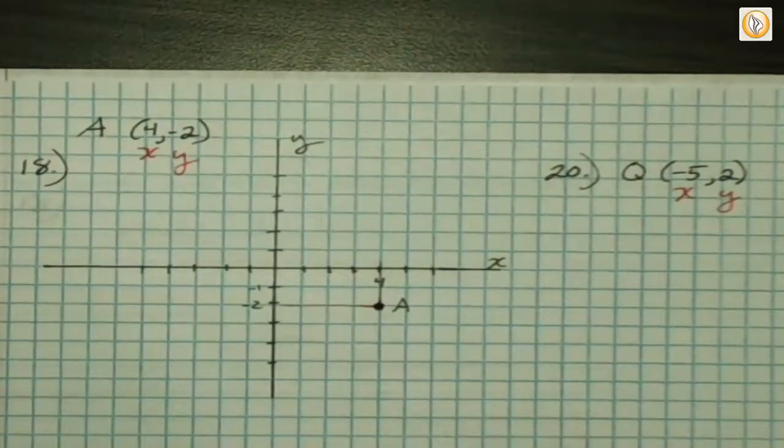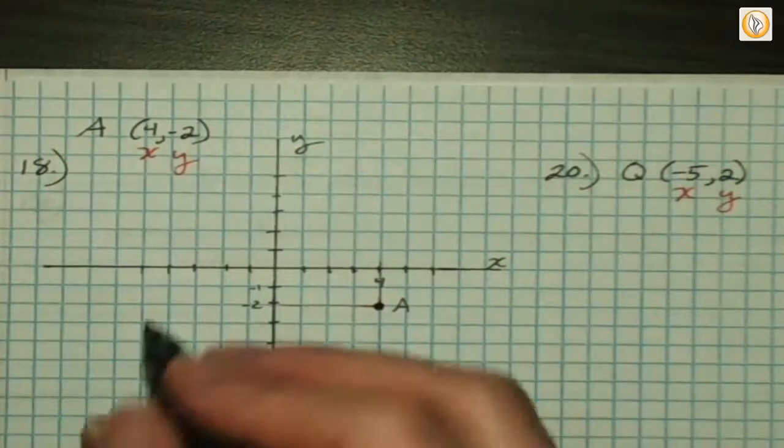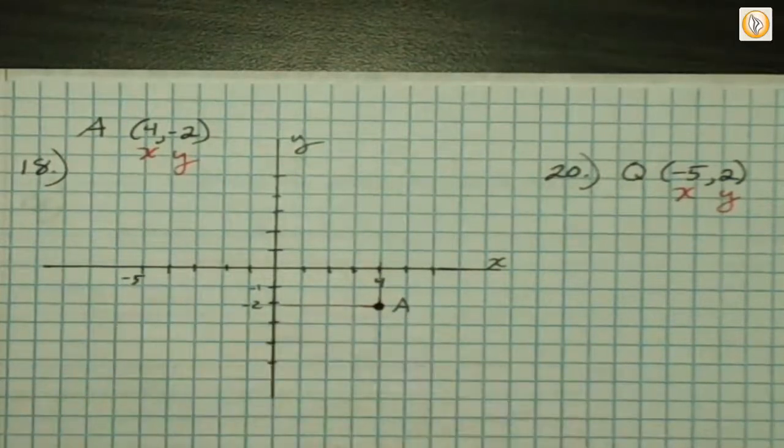So your X is -5. Where would -5 on the X be? 1, 2, 3, 4. There you go. So that's your -5. 1, 2, right there. Okay, so where would you put Q, the point?